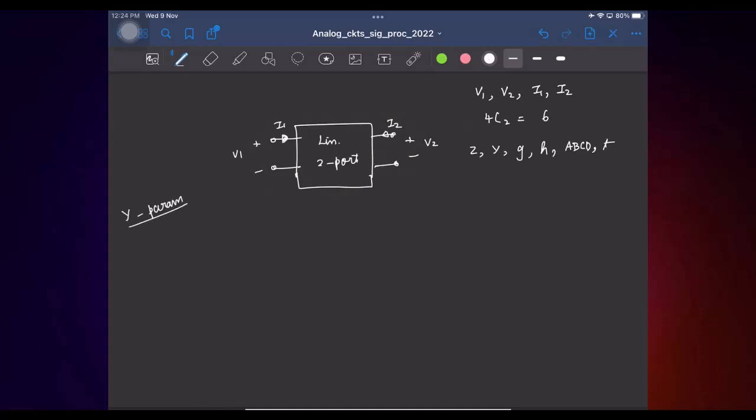So what are the independent variables or the dependent variables in Y parameters? You choose the currents to be the dependent, and this will be a function of the voltages. So it's a linear two-port, so this will be a linear combination of this, right? Okay. So what is Y11?